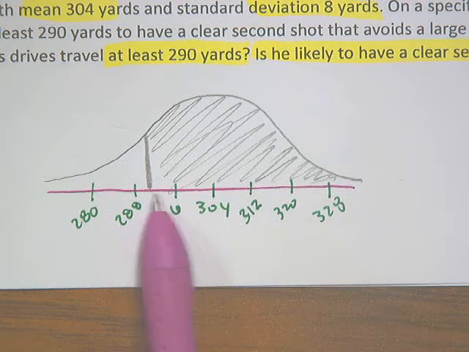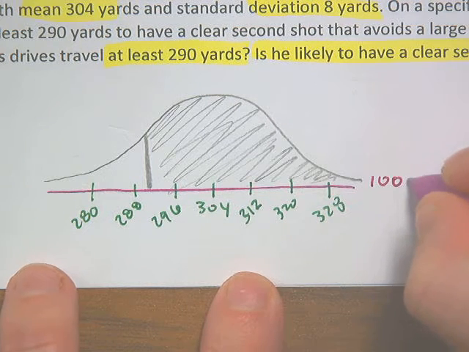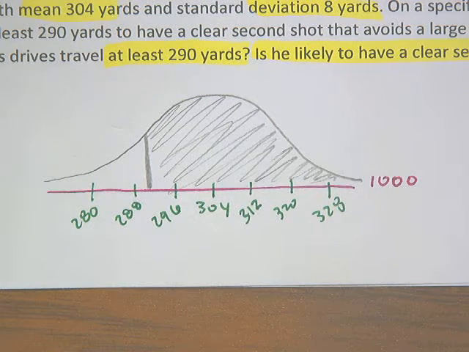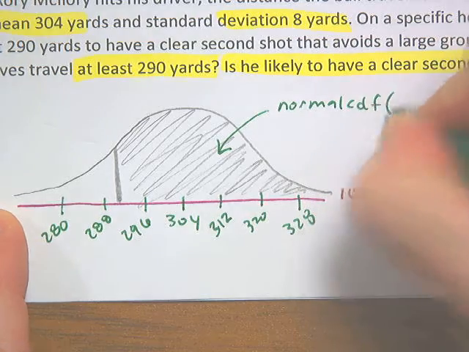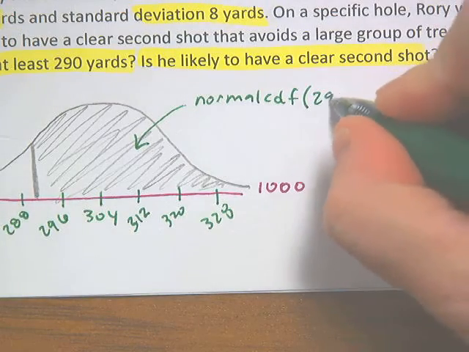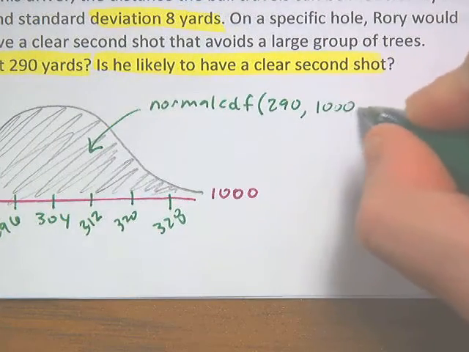So this time, because we shaded to the right, our lower region is actually the value that came out of the paragraph, 290. Our upper is going to be positive 1,000. So lower is 290, upper is 1,000.